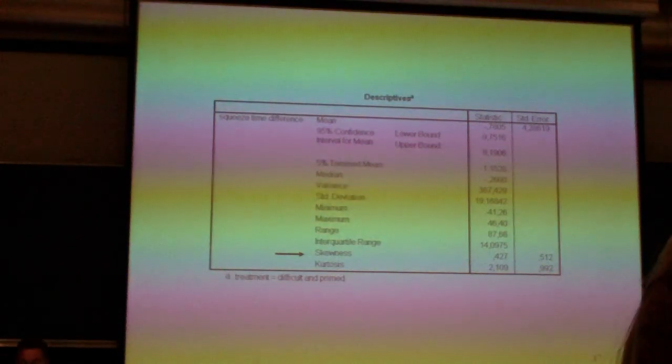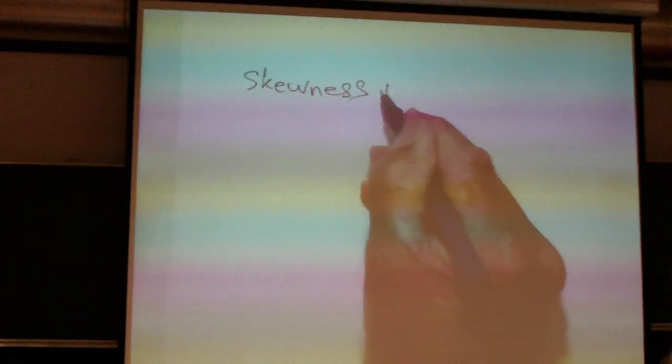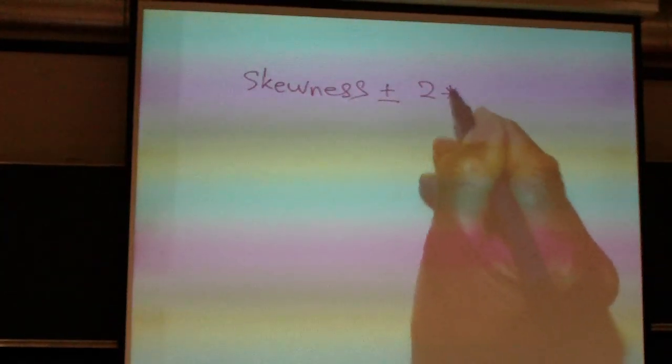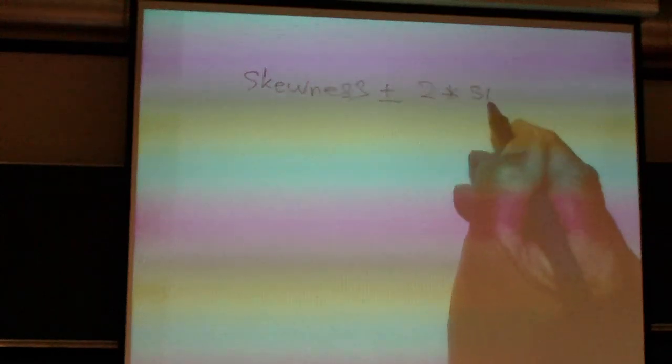You can use this particular information as a sort of significance test by, let me use the visualizer, forming an interval like the skewness as observed in the sample, skewness, plus or minus 2 times the accompanying standard error.